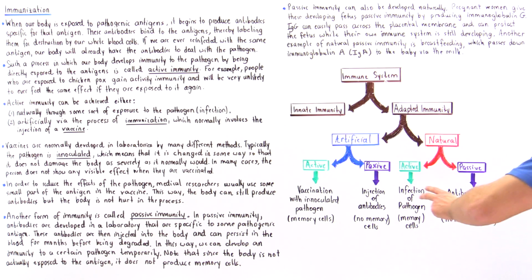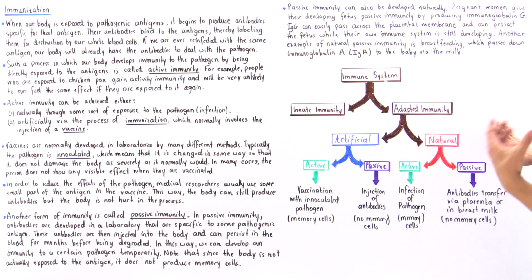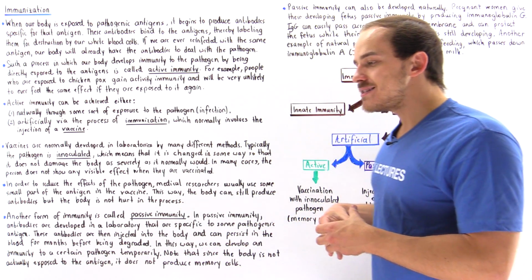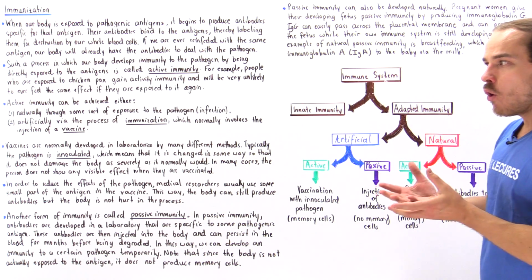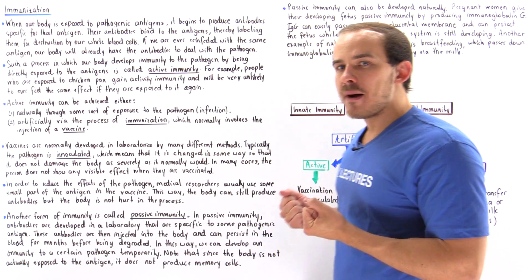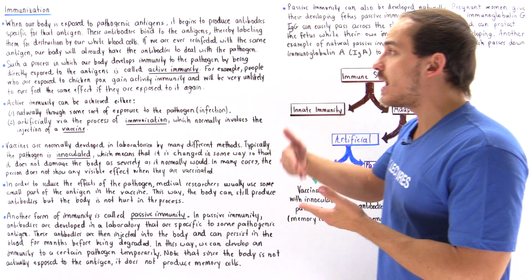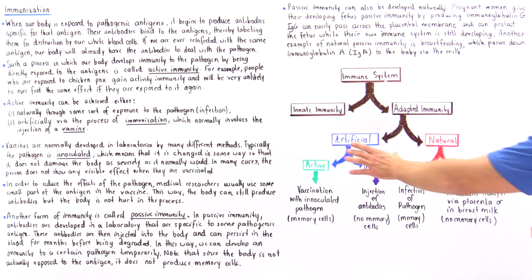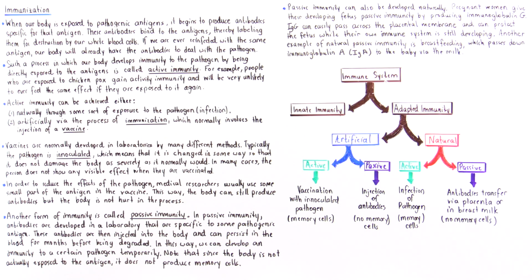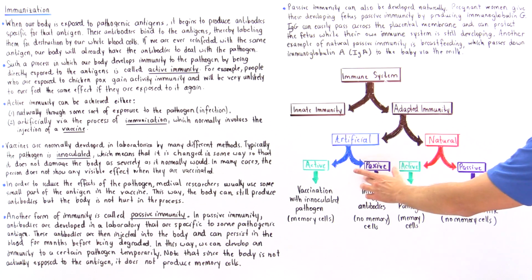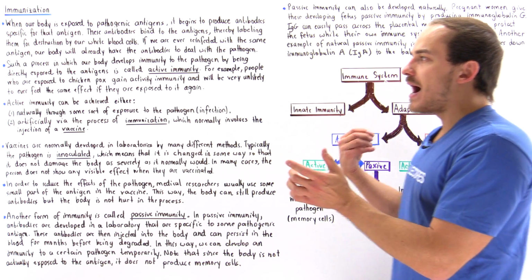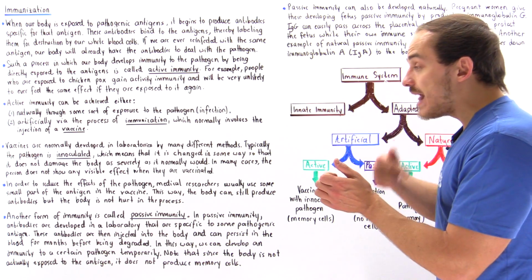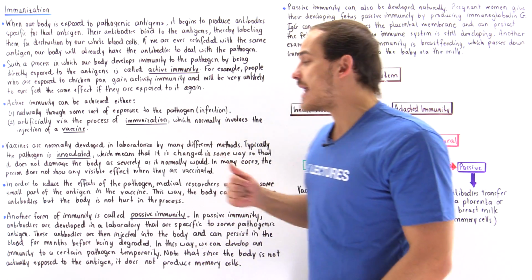Now, what about the temporary process of passive immunity, which basically injects in one way or another antibodies into our body, and those antibodies can bind onto the pathogenic antigens, labeling them for destruction. So we also have artificial and natural. Artificial includes actually taking those antibodies, injecting them into our body, and allowing them to circulate in our system.